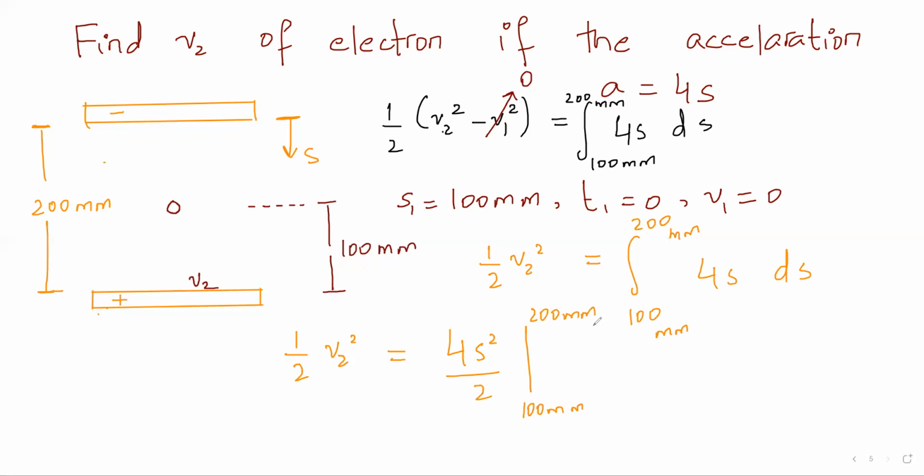I think you can use a calculator, and this time you really need to help me. I don't know the answer. 60,000? 60,000 millimeter per whatever is not correct. I will tell you, V2 comes out to be 0.346 meters per second.